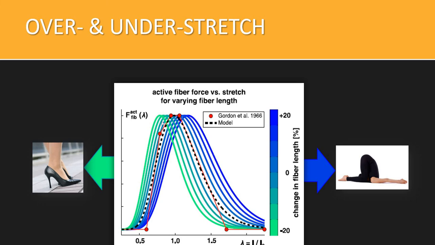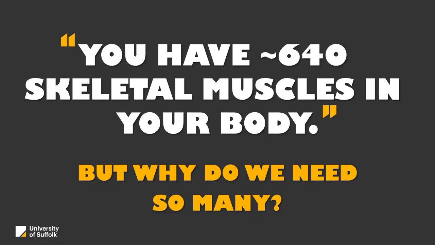Overstretching means that maximal active force occurs at a longer length. We won't discuss it today, it's a story for another time, but there are potential implications for this. But the main thing you need to take away is the effect that overstretch and understretch has on the force length relationship, as well as overload and underload.